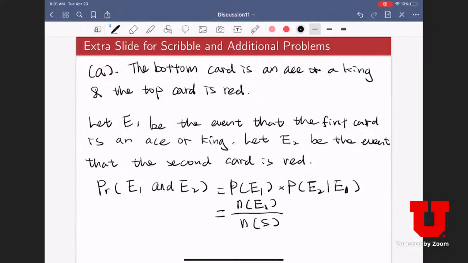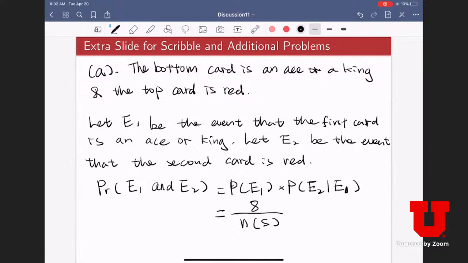And what's going to be your number of possibilities of E1? It would be 8. Yep, it will be 8. Do you want to explain how you get 8? Because you have 4 suits and you have 2 choices. So each card can be one of 4 suits. Yep, exactly. So the number of possibilities of E1 would just be 8.